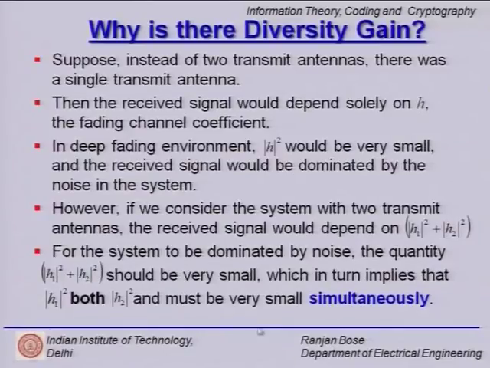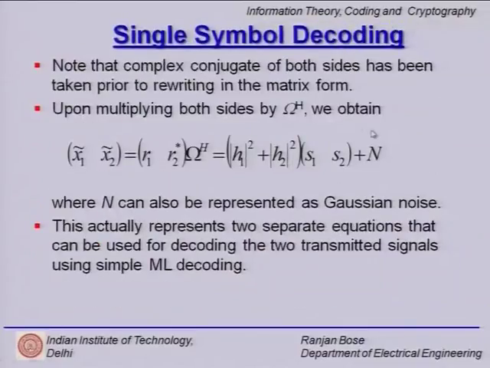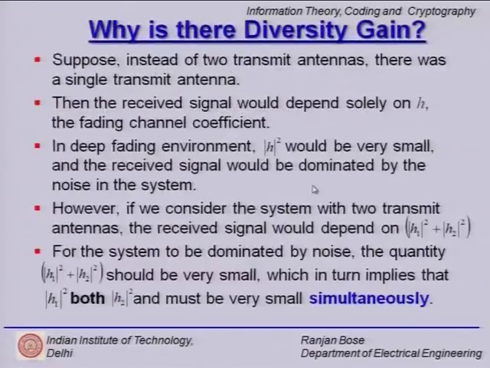But if we have 2 transmit antennas, the received signal depends, as we have seen, on h1 squared plus h2 squared. We have seen this before here. See, the received signal pair depends on the absolute value squared of h1 and of h2. Now, when will the system be dominated by noise?